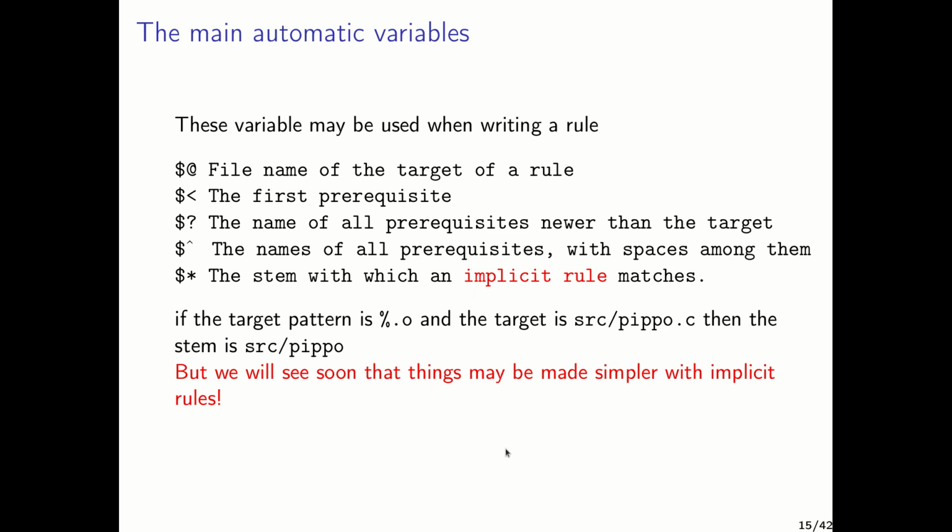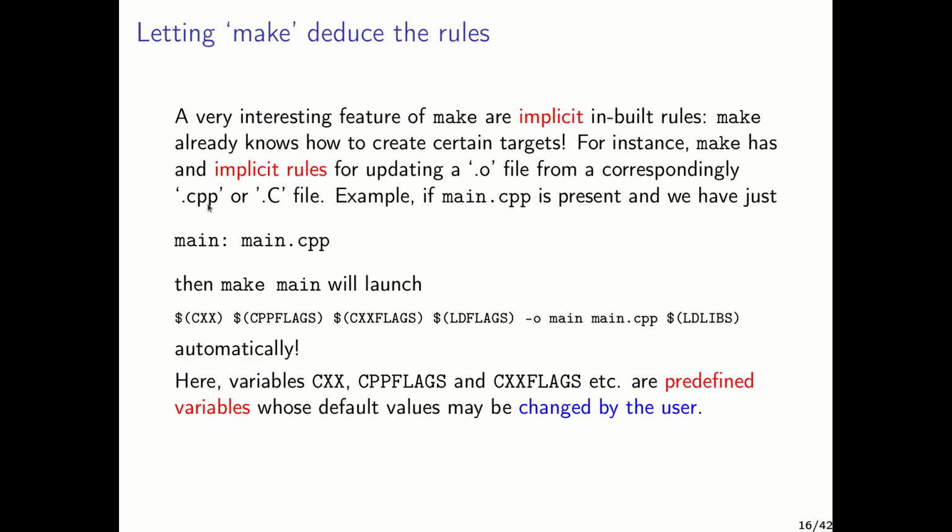With that you can really create your own automatic rule that applies to all files with a certain extension. But we will see soon that things are indeed simpler. I wanted to present you these slides because it is important to know the basic mechanism behind Make, but we will see that you can get away without those automatic variables.